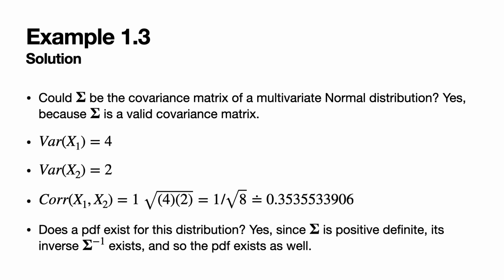And so that is equal to 1 over the square root of 4 times 2, or 1 over the square root of 8, and that evaluates to approximately 0.3536. Does a PDF exist for this distribution? Yes, it does. Because cap sigma is positive definite, its inverse exists, and so the PDF will exist for that distribution as well.